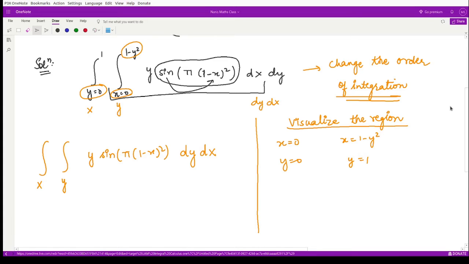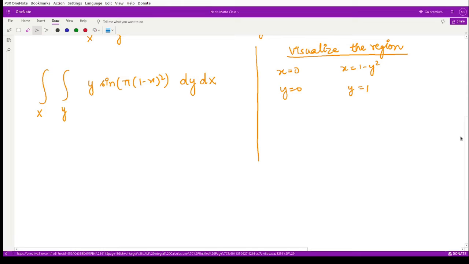So using these equations, we can now draw the corresponding region. This is our y-axis, this is the x-axis, right? This point is origin. Now x is equal to 0 means we are talking about this y-axis only. So this is your x is equal to 0.